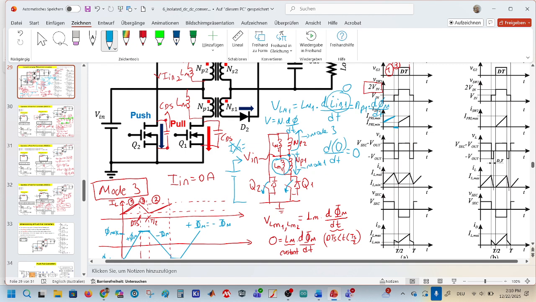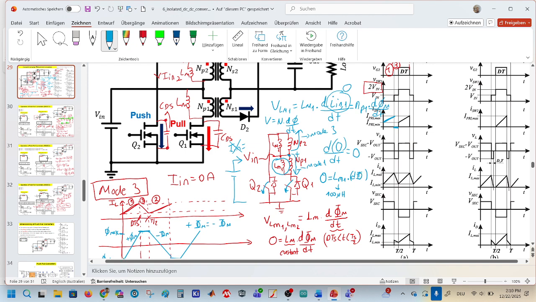I write now instead of this voltage value, 0 is equal to the first magnetizing inductance, which is a constant number, let's say 100 microhenry, times. This should be also 0, since 0 times a constant should be 0. And this guy here is this guy, because I want to see if my flux changes or not.